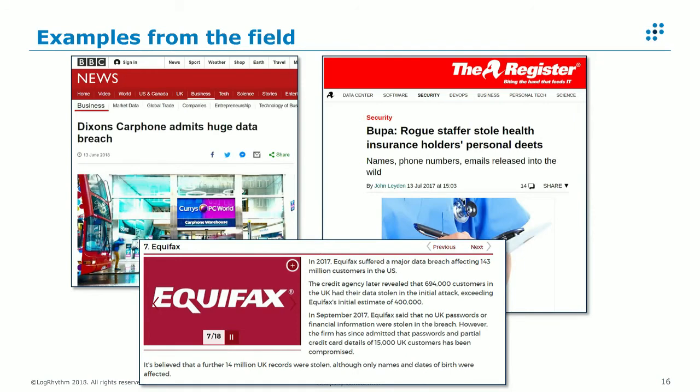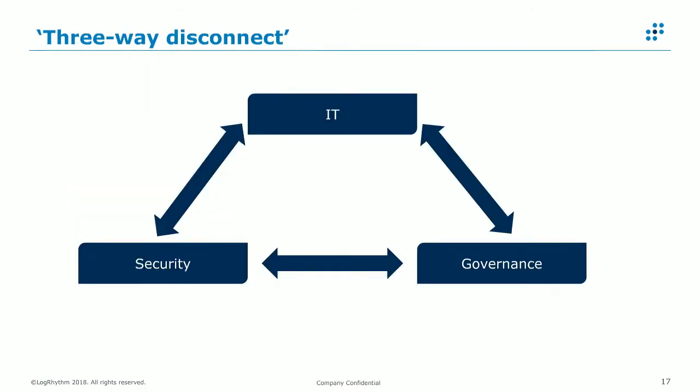Well, thanks for that, Rob. I will just move on to the next slide here, and I'll quickly go over the three-way disconnect. This is a theory that the GDPR involves three, among many, departments: the IT department, security department, and governance department. In large organizations, these are always separated, and they don't always work together.